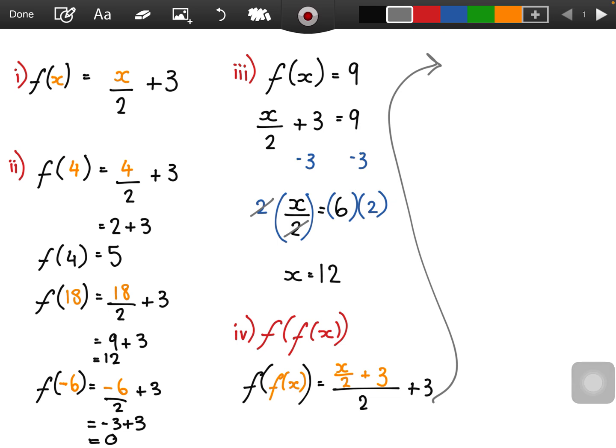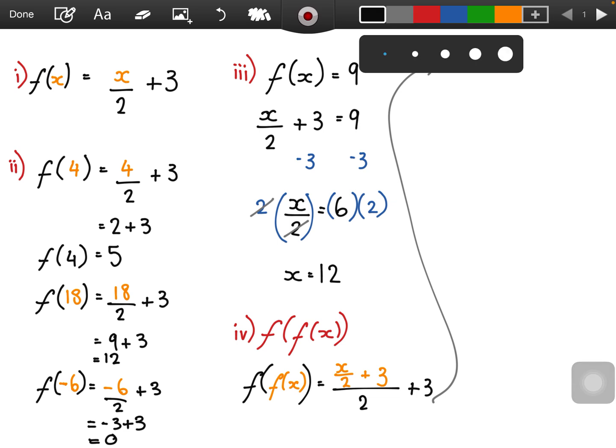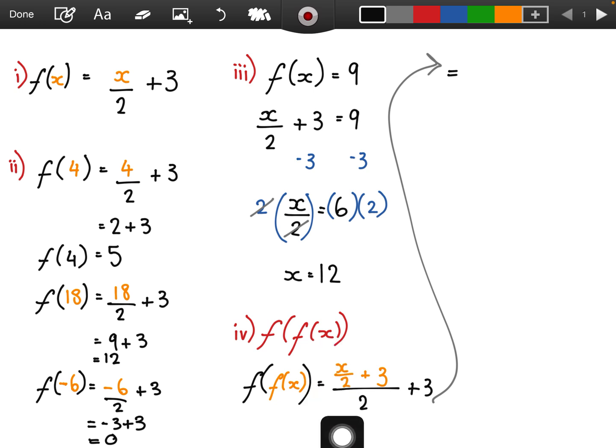So I'm going to get that is equal to, x over 2 divided by 2 means that it is x over 4, plus 3 divided by 2 is plus 1.5. And then I have the plus 3 from the end.